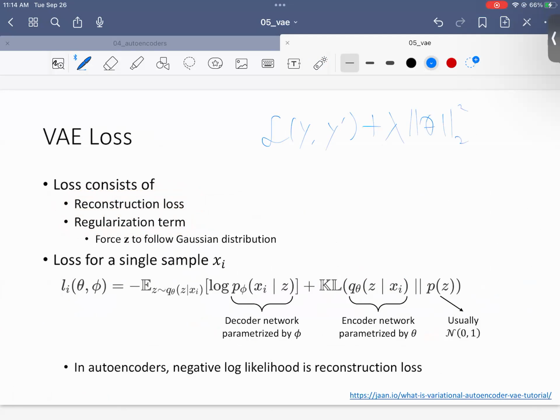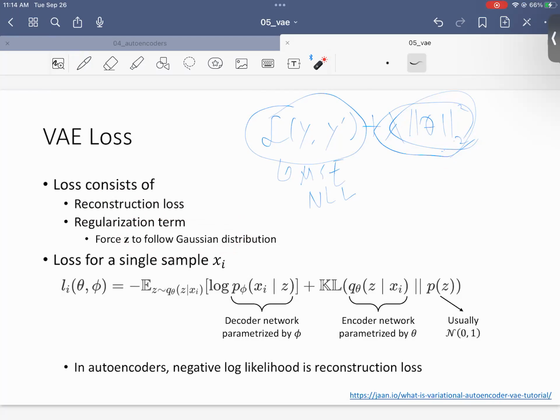In the second class, we talked about how we can overcome overfitting by using a regularization term, some term added to the original loss function, being MSE or negative log likelihood, that regularizes the behavior of your function. In the same manner, we want to enforce a certain behavior on your function: you want your latent space to look like a Gaussian distribution.